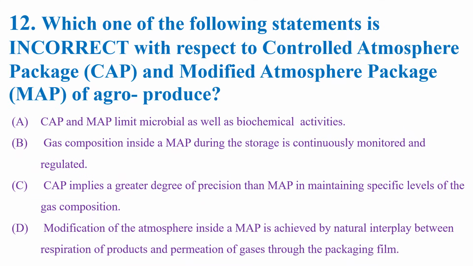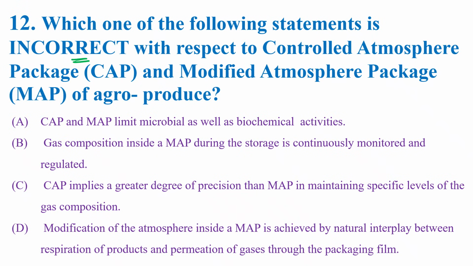Question number 12. Which one of the following statements is incorrect with respect to controlled atmospheric packaging and modified atmosphere packaging of agro produce? A: CAP and MAP limit microbial as well as biochemical activities. B: Gas composition inside a MAP during storage is continuously monitored and regulated.